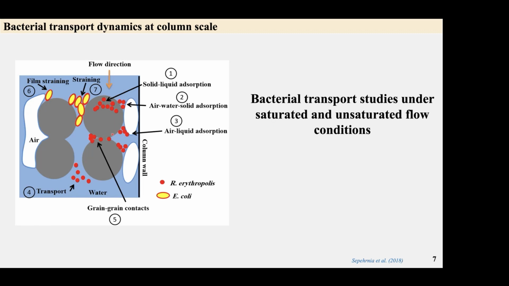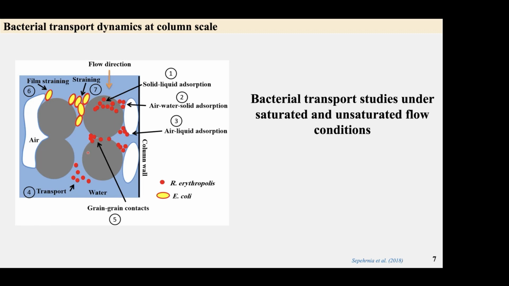So when we have saturated columns, we eliminate the air interfaces, and then we investigate the ability and the capability of the solid liquid absorption or carrying contacts, or such pore size and bacteria blocking impacts. But for unsaturated flow, we have all these interfaces in the soil, and of course, it would be more complex.